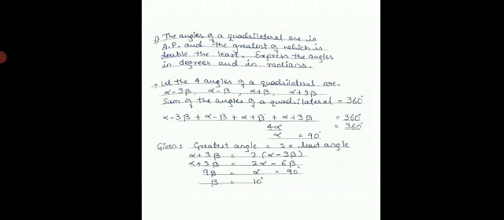Also, according to the question, the greatest angle is equal to 2 times the least, that is double the least. Therefore, the greatest angle is alpha plus 3 beta and the least angle is alpha minus 3 beta.